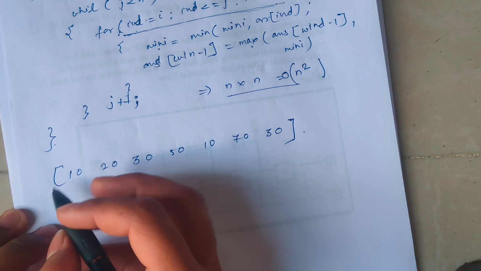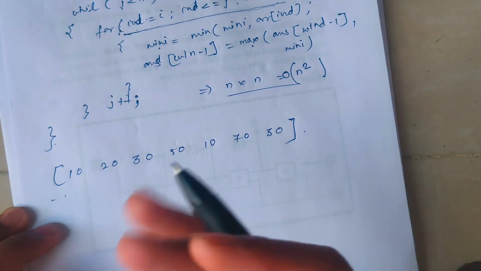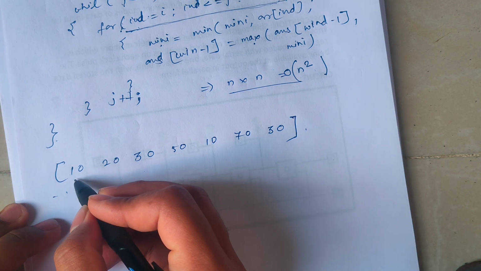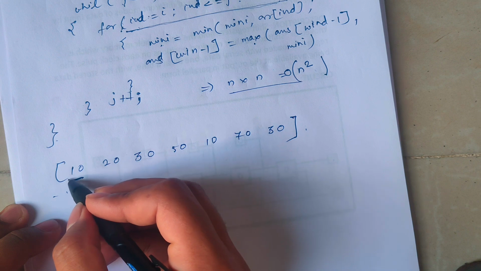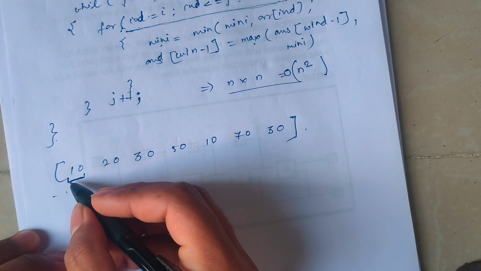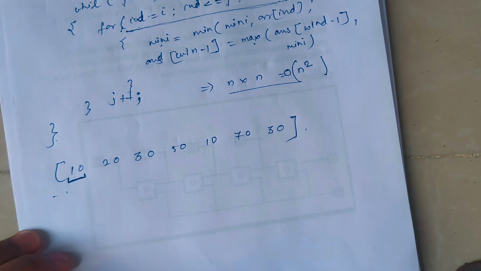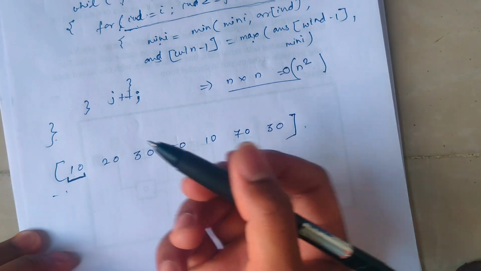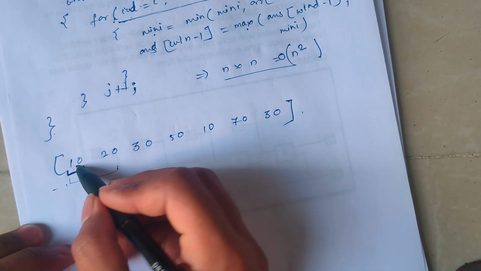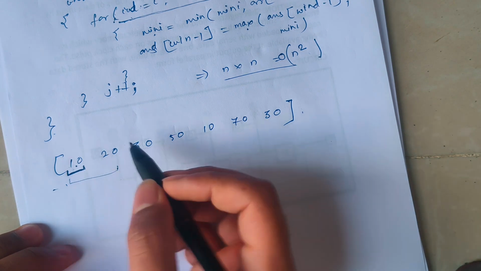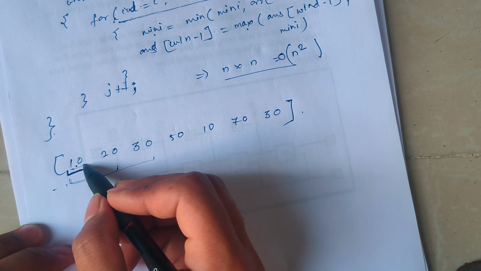How will we calculate this thing in a single iteration? Let's observe something. Suppose here we have 10. So for maximum what window size, 10 would be the minimum value. Let's check. For this window size, could 10 be a minimum? Yes. For this window size, could 10 be a minimum?